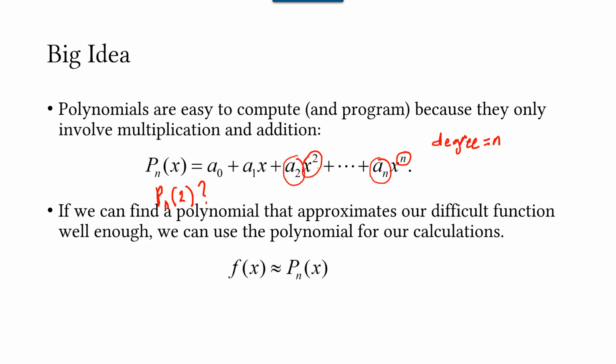So in general, what we're looking to do is find the world champion polynomial that approximates our function f of x as best we can. That's what the Taylor polynomial is. It's the best possible polynomial approximation to a function for any given degree, and it's going to allow us to make what are otherwise difficult calculations relatively simple.